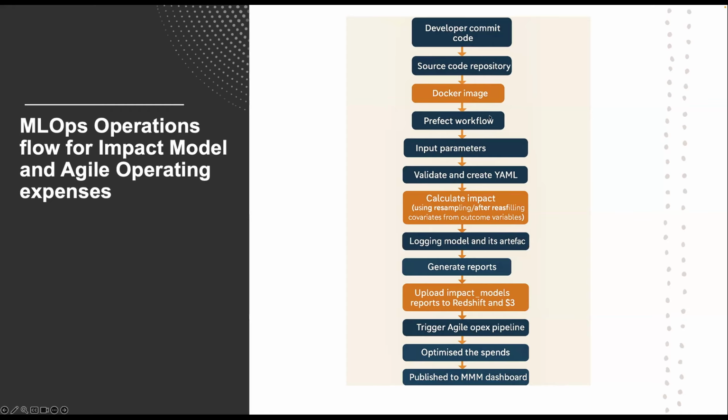Prefect orchestrates the workflow and pipeline using the input parameters and YAML validation to initiate impact calculations. Model execution and reporting: the model logs artifacts, generates impact reports, and uploads results to Redshift and S3. This is done internally by MLflow. Agile OpEx integration: the Agile OpEx pipeline has triggers to optimize spend, with the final output published to the dashboards.